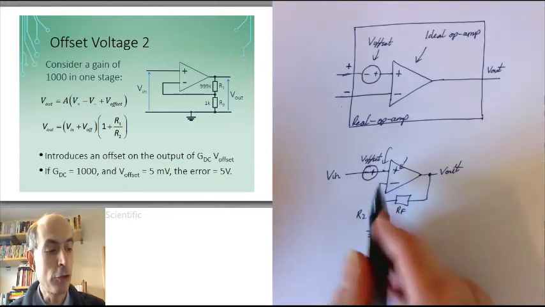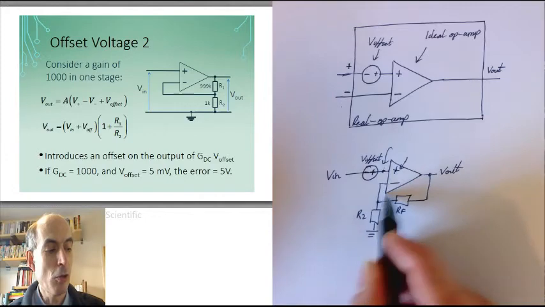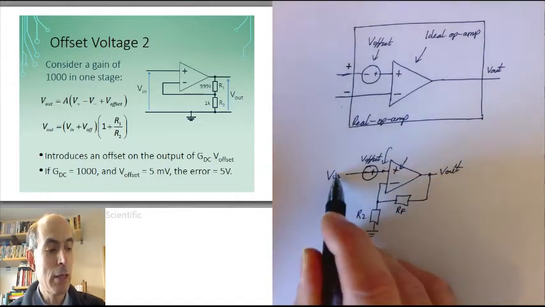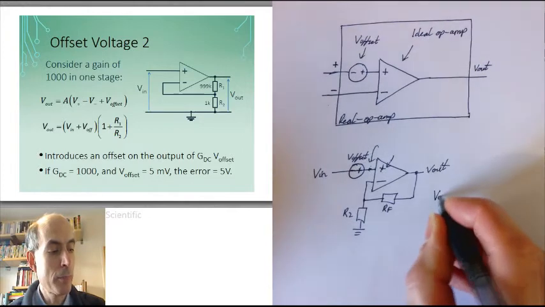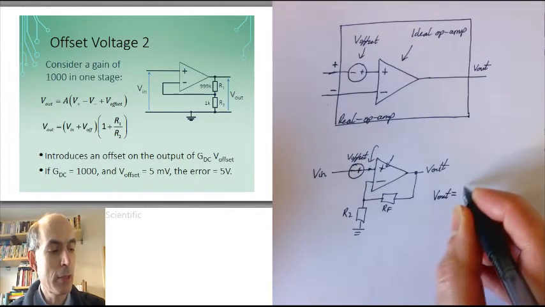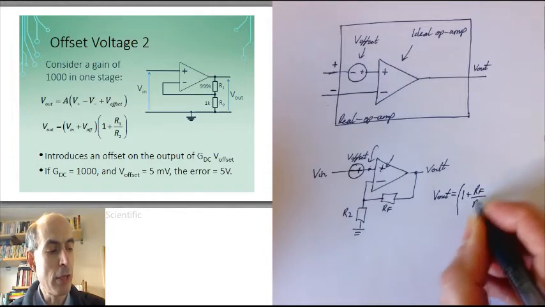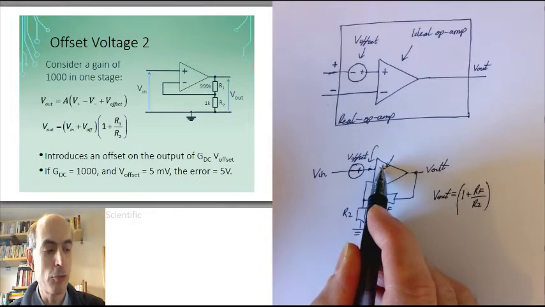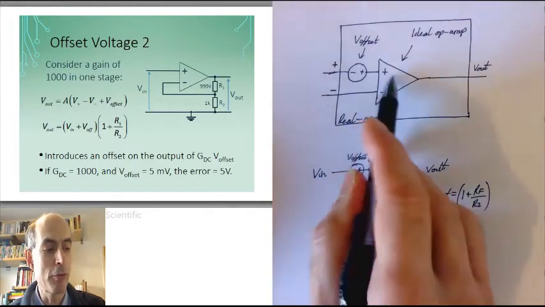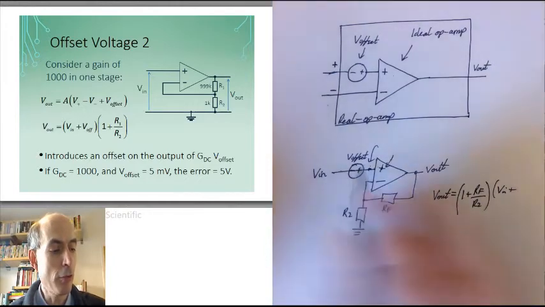So the total voltage on the non-inverting input of this ideal op-amp is Vin plus V offset, which means that our output, V output, is just the gain, 1 plus RF over R2 in this case, times the voltage on the non-inverting input of the ideal op-amp part of our model, which is Vin plus V offset.